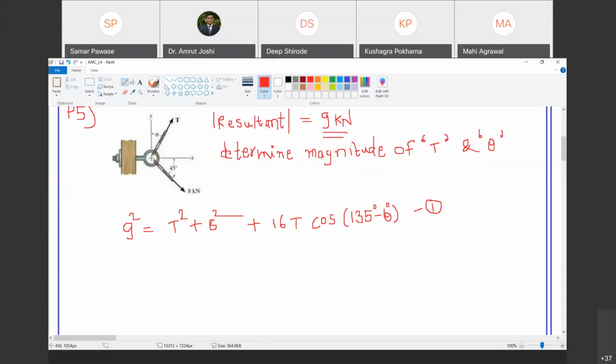With the axis and 8 kilonewton force. हाँ, but are you sure that the resultant is going to be along x-axis? No, sir. हाँ, so that is not given. So what should we do next? Just let me cross verify with the problem. ऐसे तो दिया नहीं है कि horizontal.